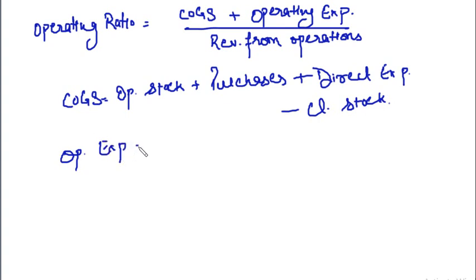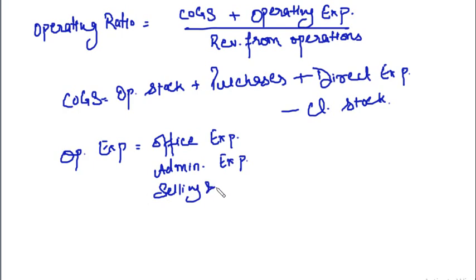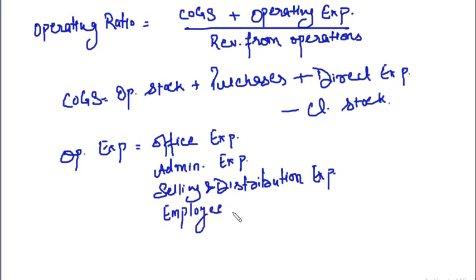Now what are operating expenses? I have given you some examples. See, the operating expenses can be office expenses. Then we have administrative expenses, right? Then we have selling and distribution expenses. Then employee benefit expenses to keep your employees happy.